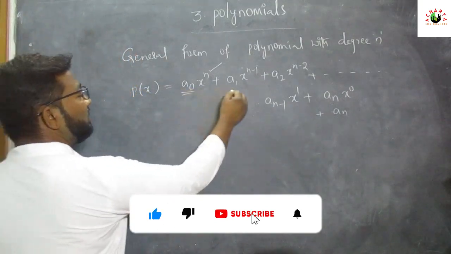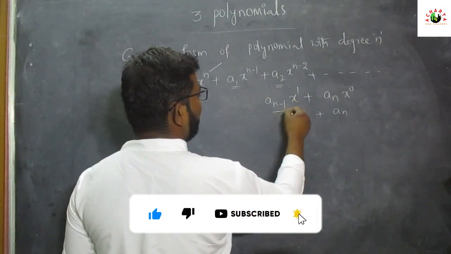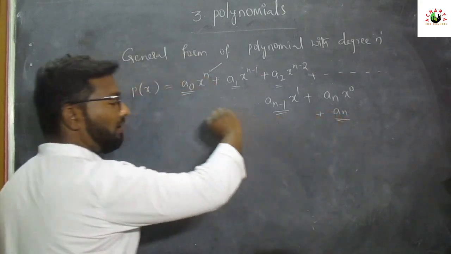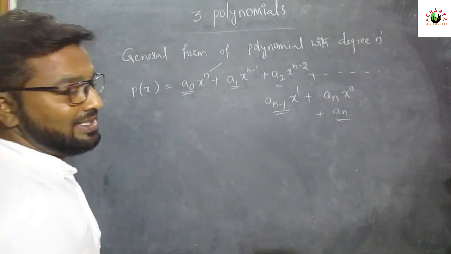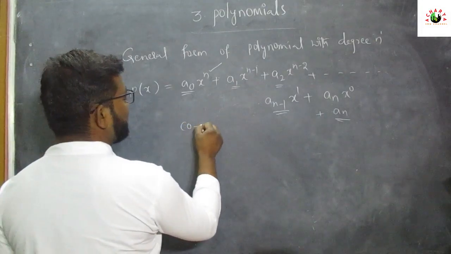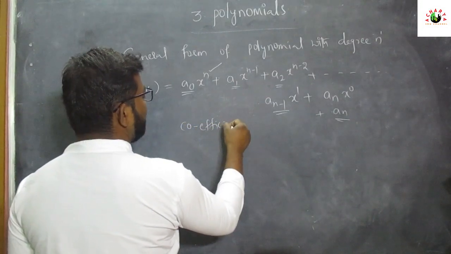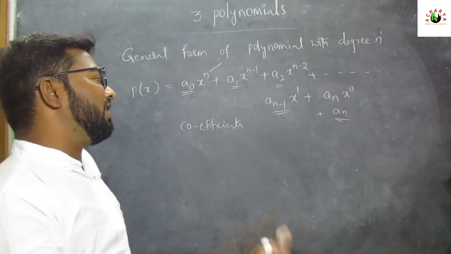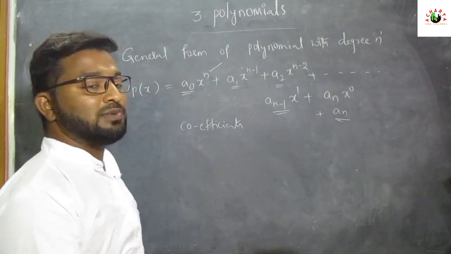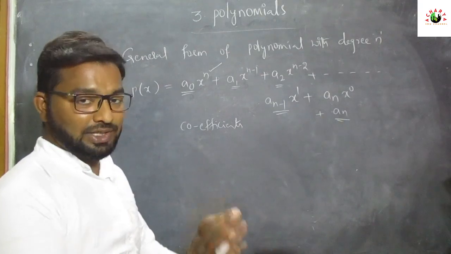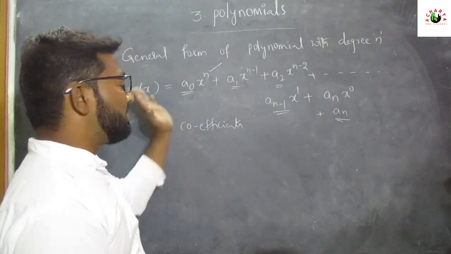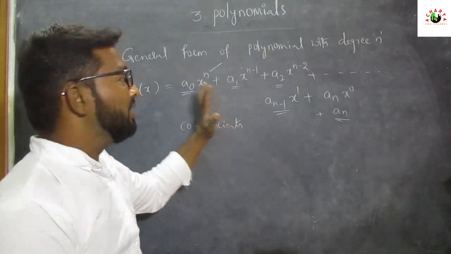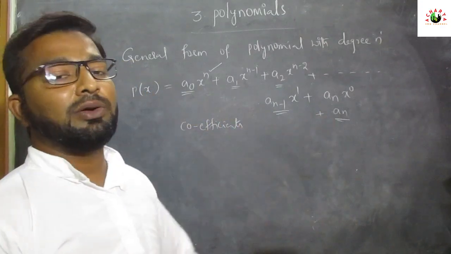Here a0, a1, a2, a n minus 1 and a n are all coefficients. If all the coefficients are 0, this is called the zero polynomial.